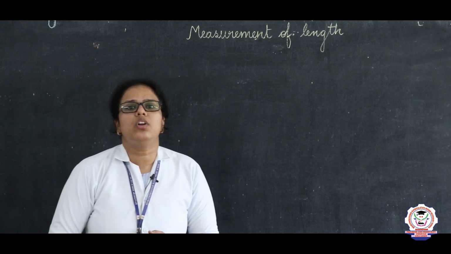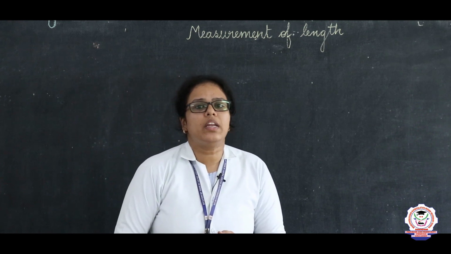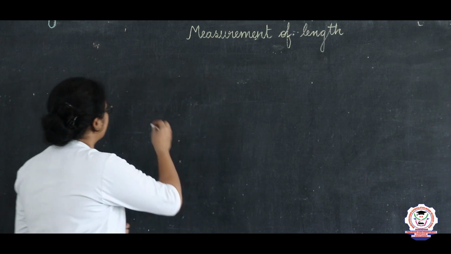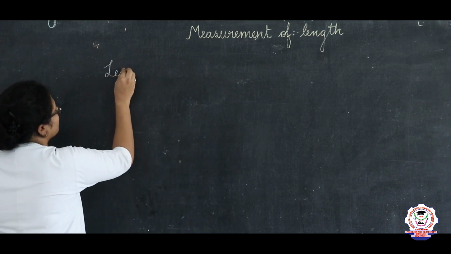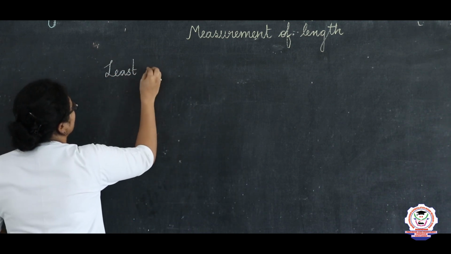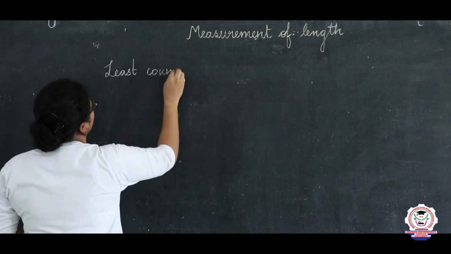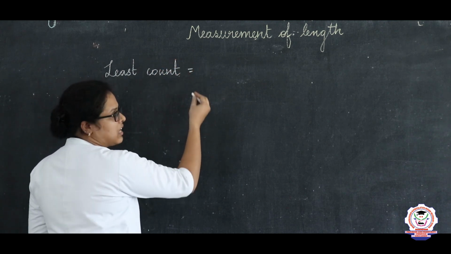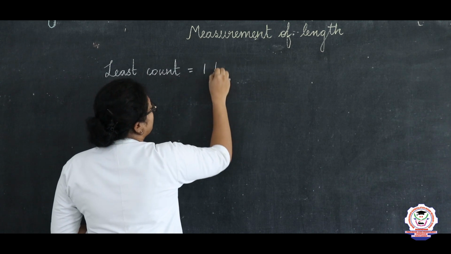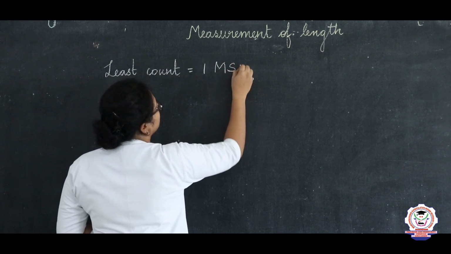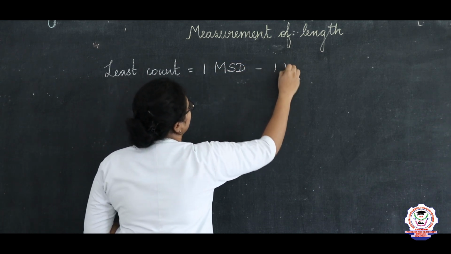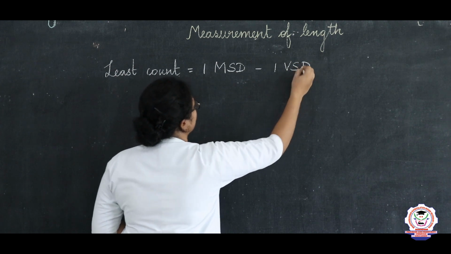Here, the least count of the vernier is numerically given by: least count is equal to 1 main scale division minus 1 vernier scale division.